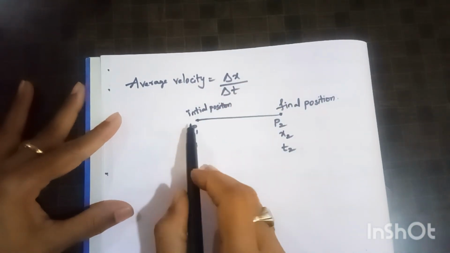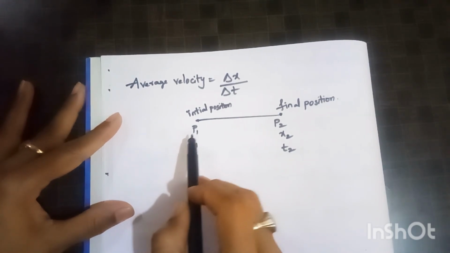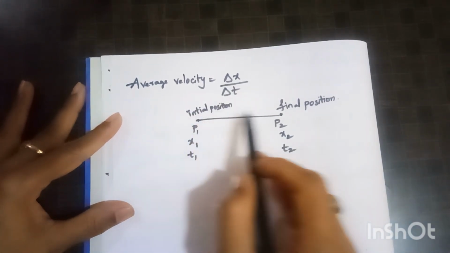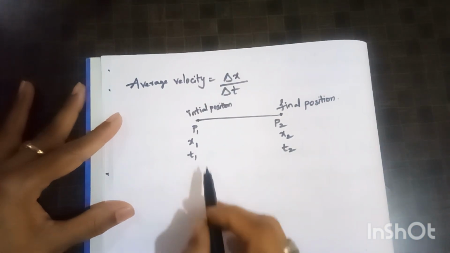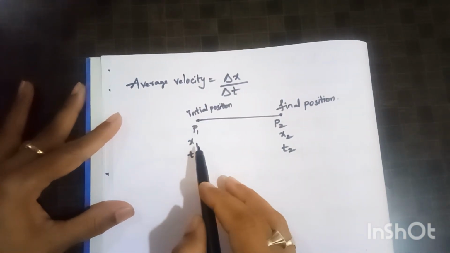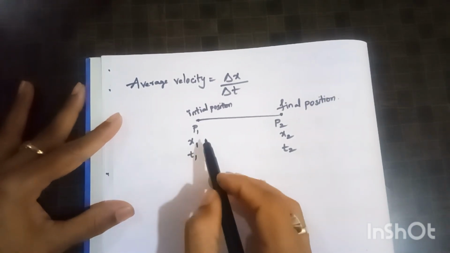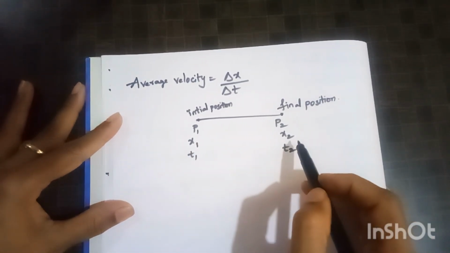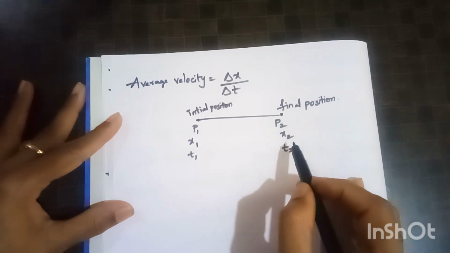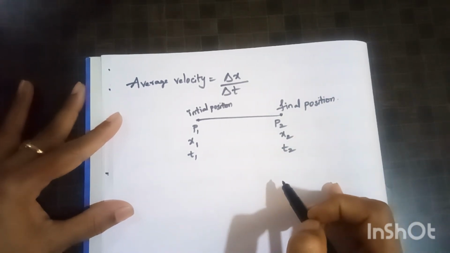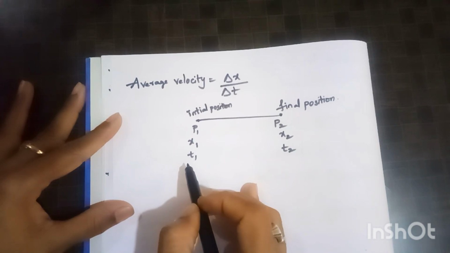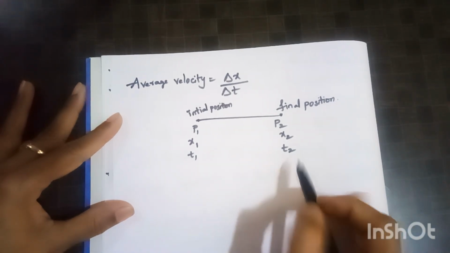How can we calculate the change in displacement and change in time? Suppose an object is moving from P1 to P2, that is initial position to final position. x1 is the initial displacement and for the final position x2 is the final displacement, and t1 is the initial time and t2 is the final time.